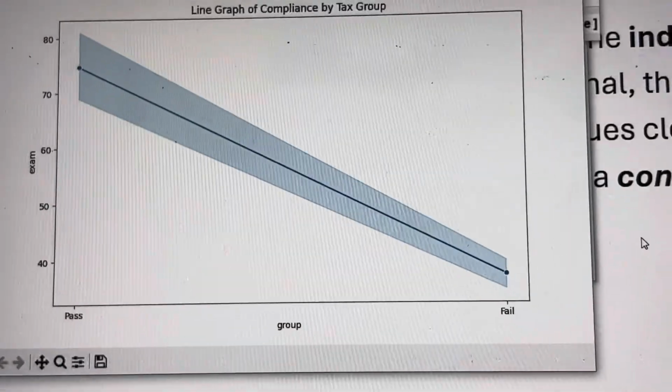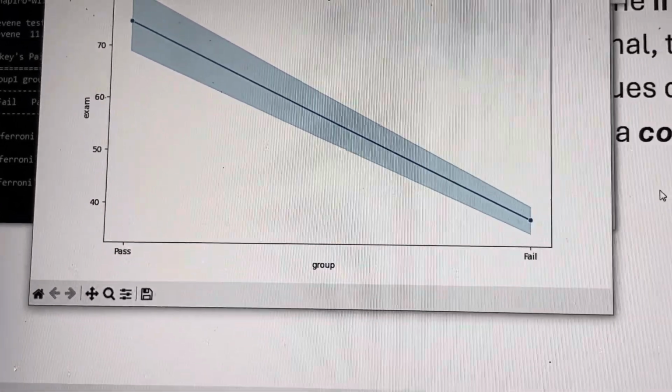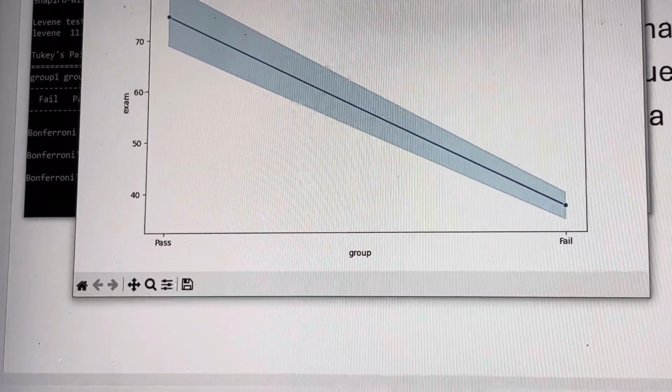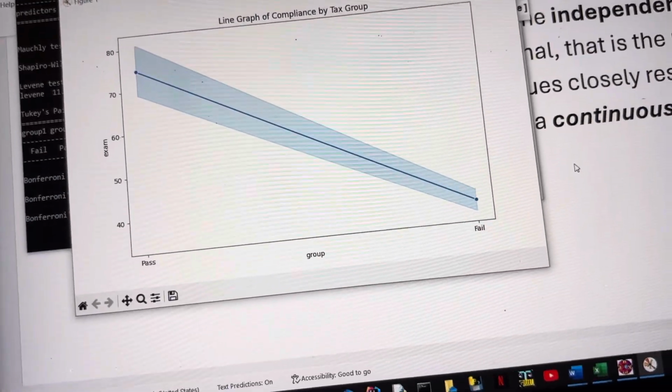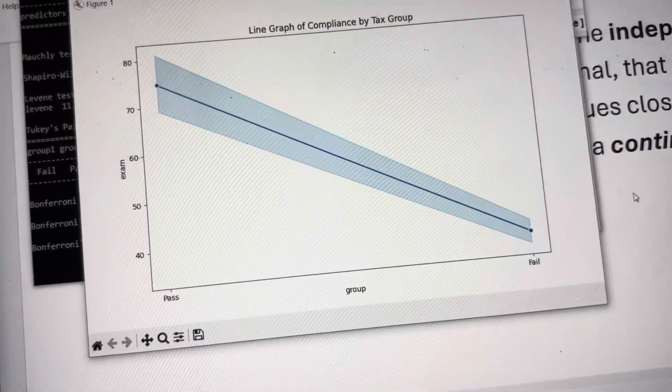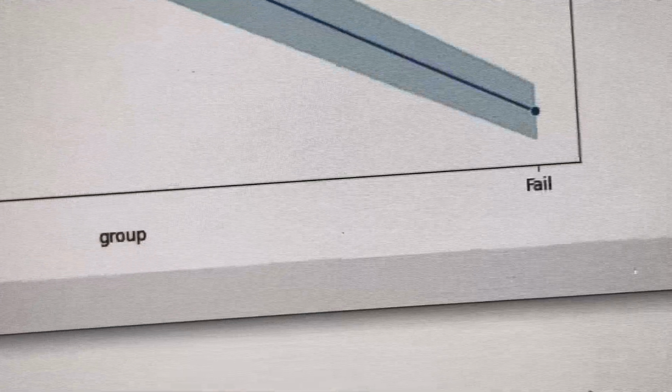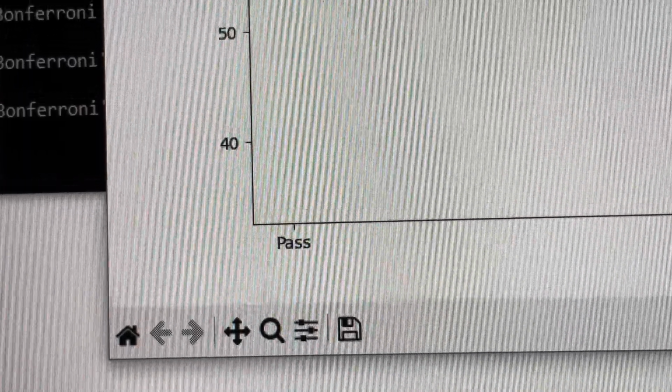process. Yeah. So it's now, yeah, very good. You can see there are only two groups in that file, and those groups are the fail group and the pass group.